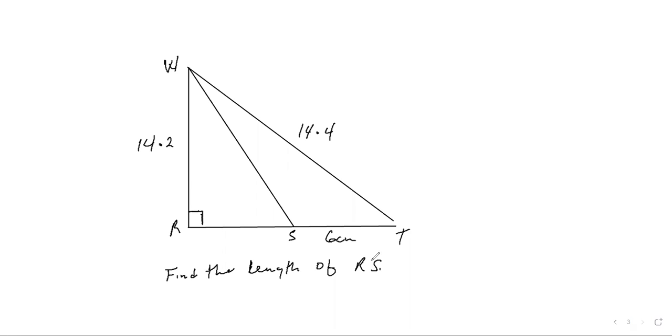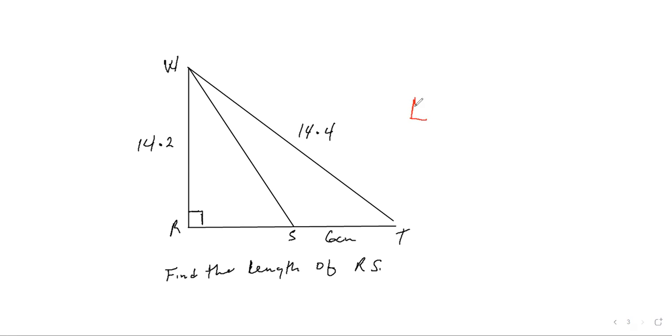So that's something you have to look at first. How many right angle triangles do we have here? We have 2. How many triangles in all?